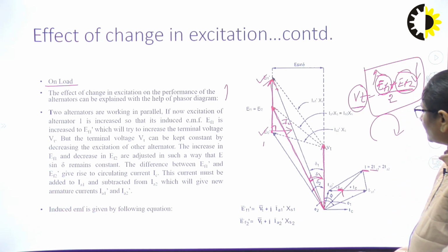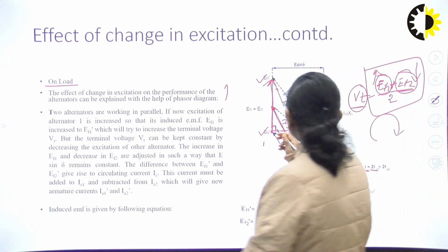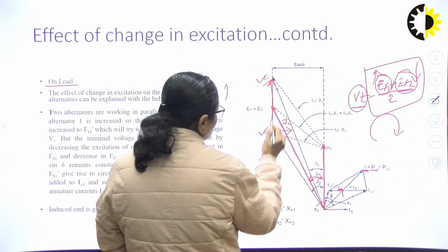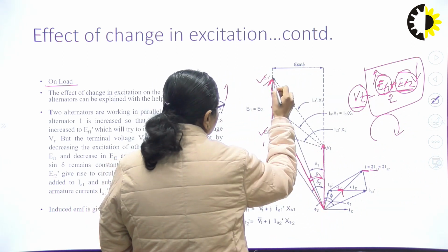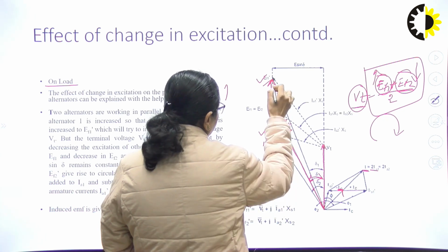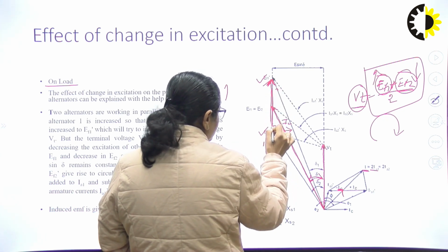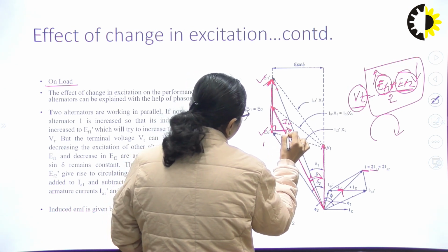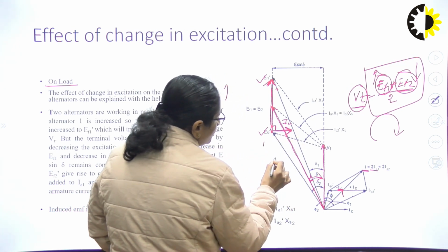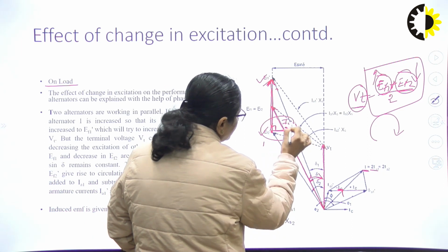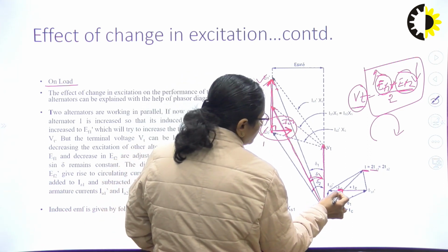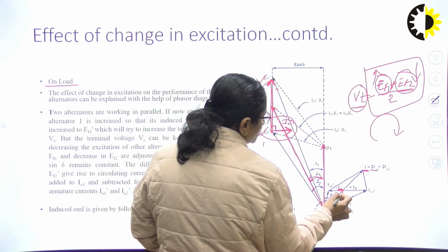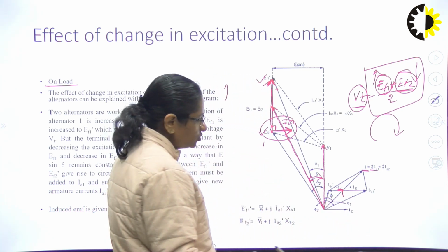Because of this circulating current, I must show you the correct direction of this voltage as well as current. This is the voltage which is responsible for the circulating current, and this is the circulating current. Consider the circulating current phasor along with the phasor of the load component of current, which was initially carried by the two alternators.